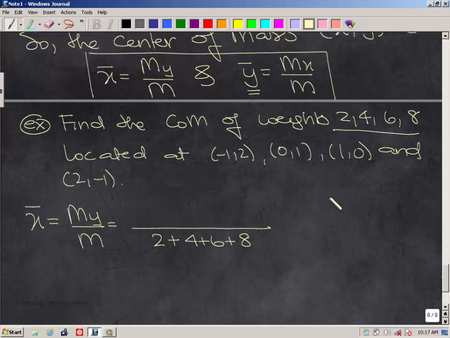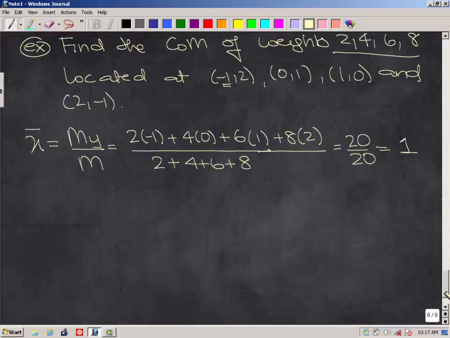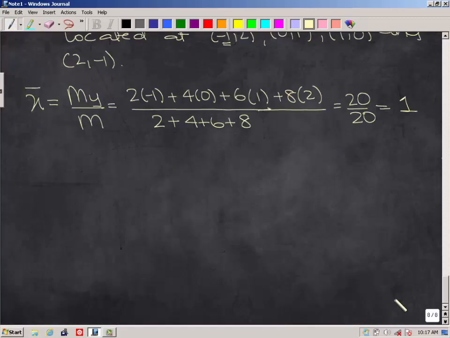So mass 2 is located at x equals -1, 4 is located at 0, 6 is located at 1, and 8 is located at 2. If you add them all up, you'll get 20 over 20, which will give you 1. So that's the x coordinate of my center of mass.